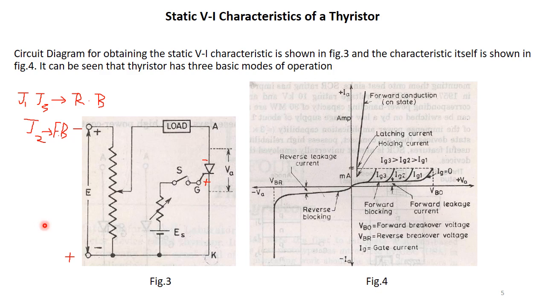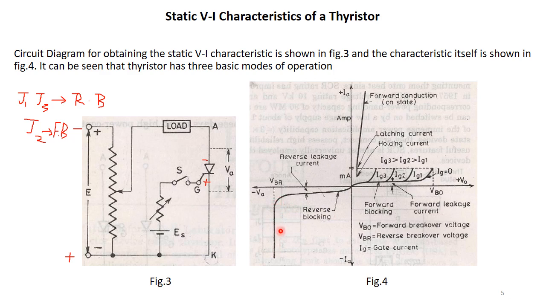I would like to mention over here in the figure that a small leakage current of the order of few milli or microamperes flows through the thyristor depending on its rating. The SCR over here is said to be in the reverse blocking mode, also known as the off state. Now, if this reverse voltage is increased, then at a critical value known as the breakdown value, an avalanche occurs at the junctions J1 and J3, and the reverse current increases rapidly as it can be seen in the figure.